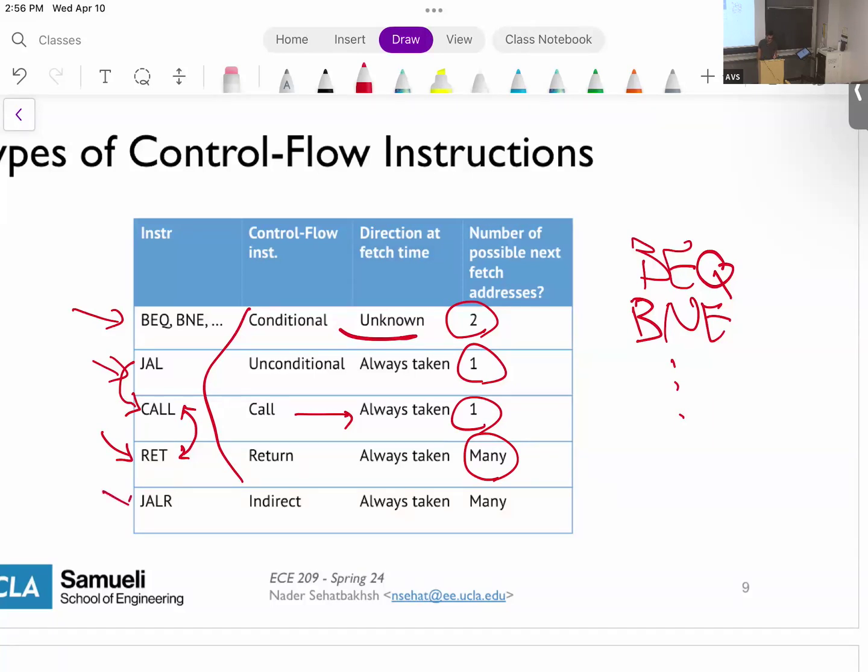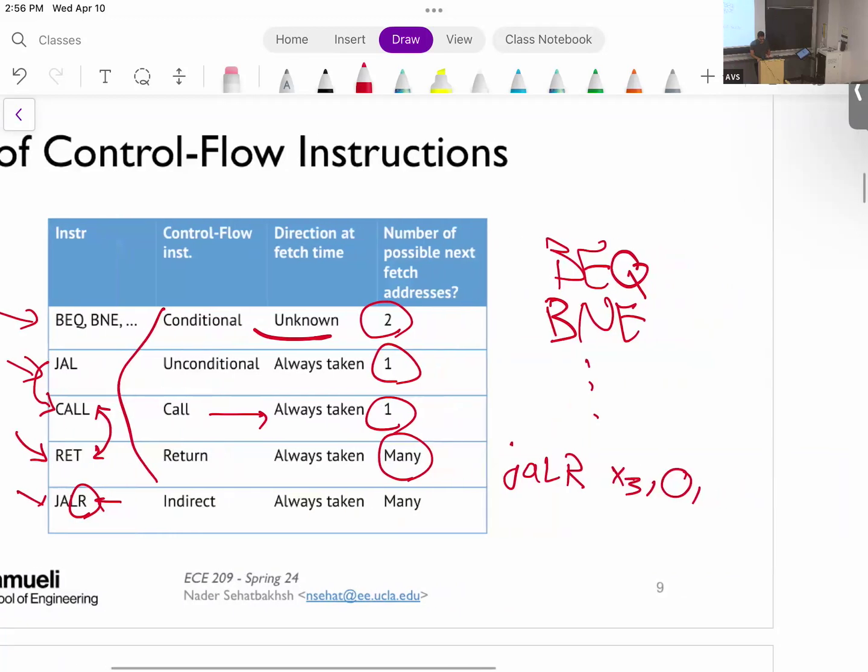And then finally, the most challenging type of control flow instructions is indirect ones. The indirect one essentially jumps into whatever value is stored in the register. That's why we have this R. So usually it's like JAL, R, like X3, some immediate, and that's it. And then usually there's X0 at the beginning as well.